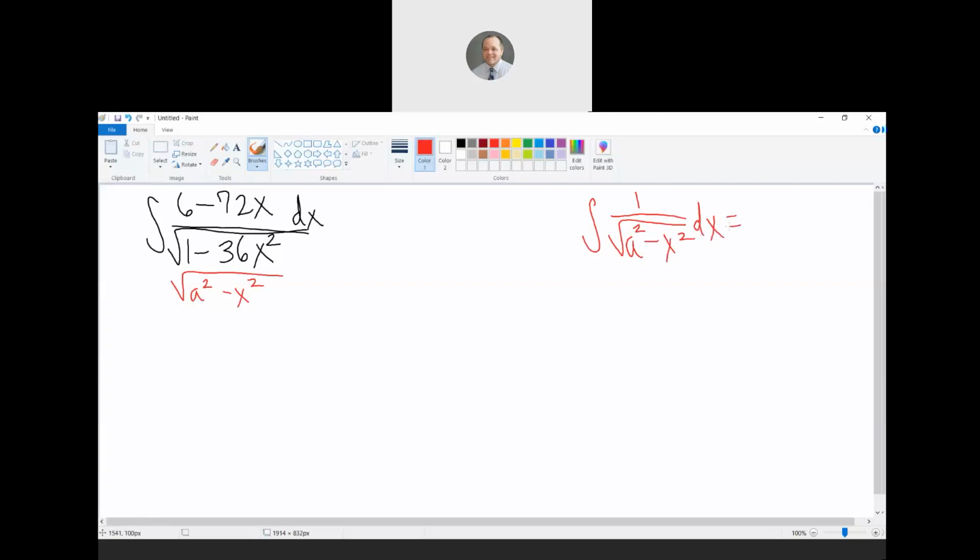The integral of 1 over the square root of a squared minus x squared is inverse sine of x over a. We'll get to the formula in just a few minutes. Because our numerator has a common denominator, then we can split this integral into two separate integrals.